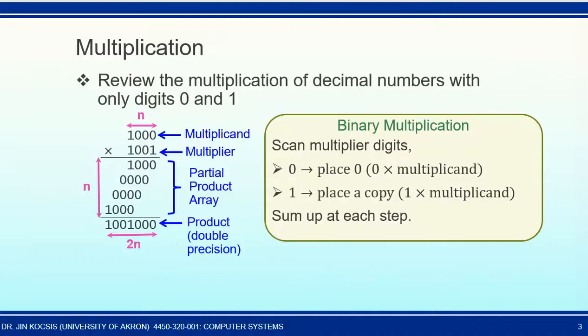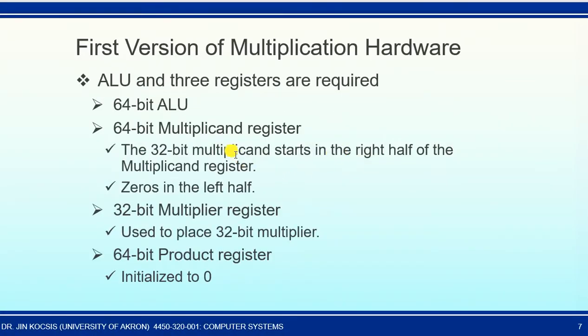So if you look back here, it's the same: I need a 64-bit arithmetic logic unit, a 64-bit register for the multiplicand, a 32-bit register for the multiplier, and a 64-bit register for the product.